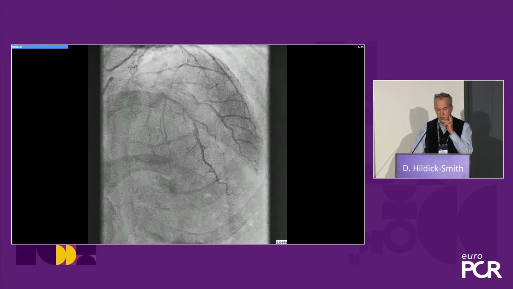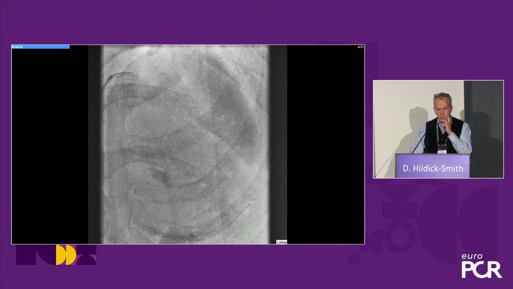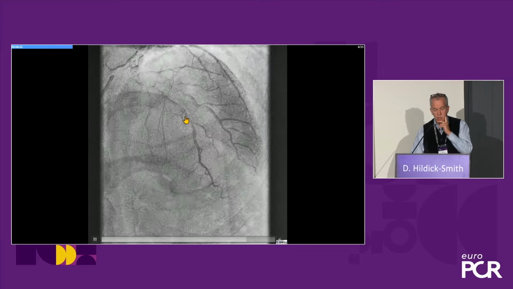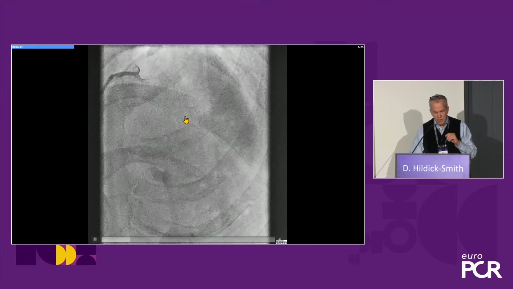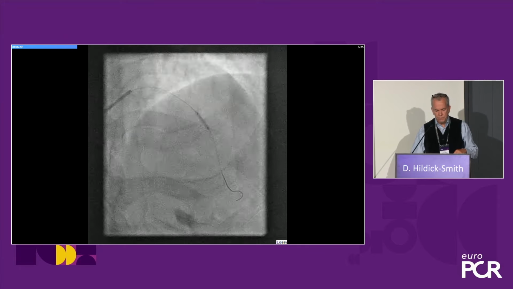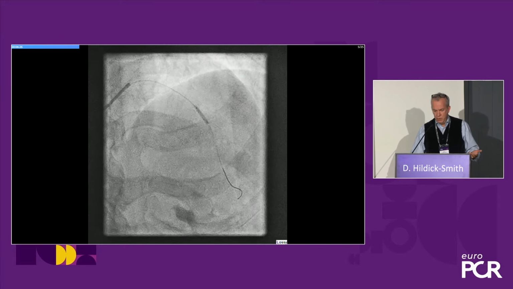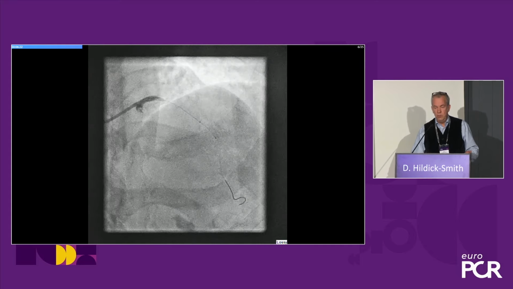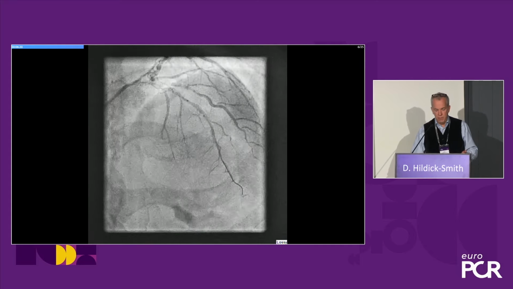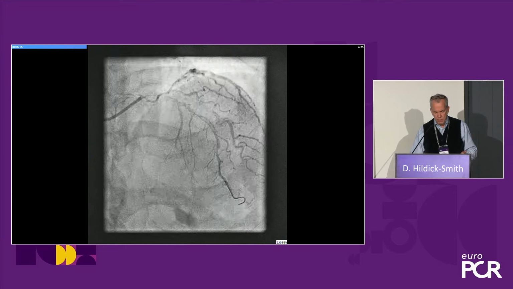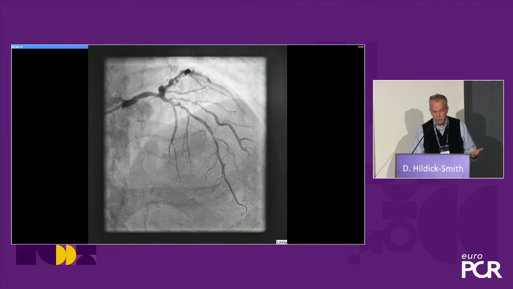This is an 82-year-old man with definite angina, in whom clearly the most severe narrowing is right here in the mid-LAD, unencumbered by other branches. That was predilated with a 2.5 millimeter balloon, and then a 2.75 by 15 millimeter Prevail paclitaxel-eluting balloon, with a nice angiographic result.